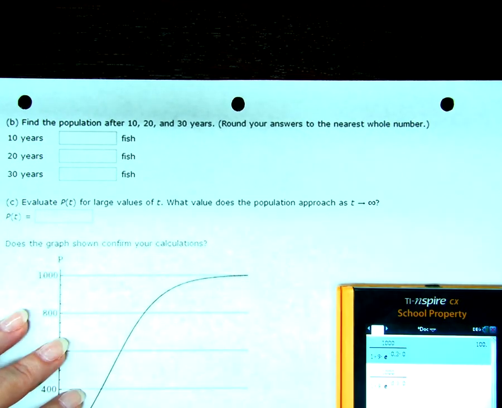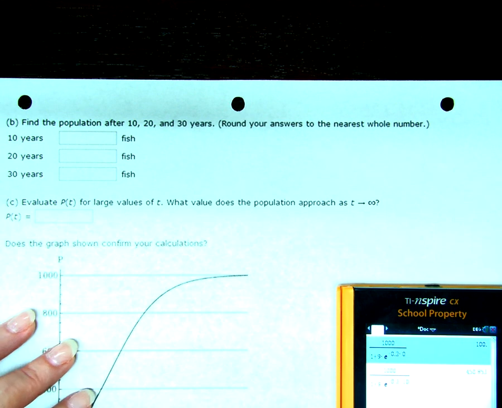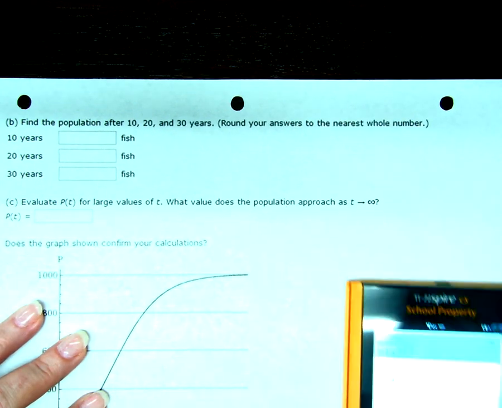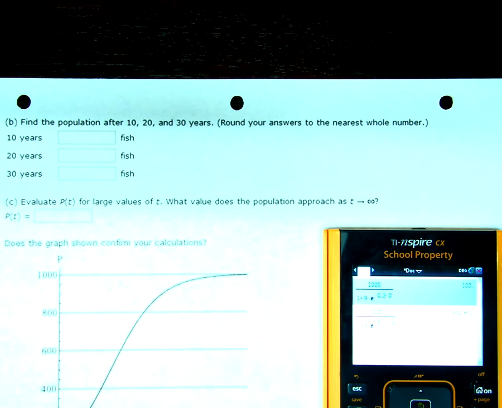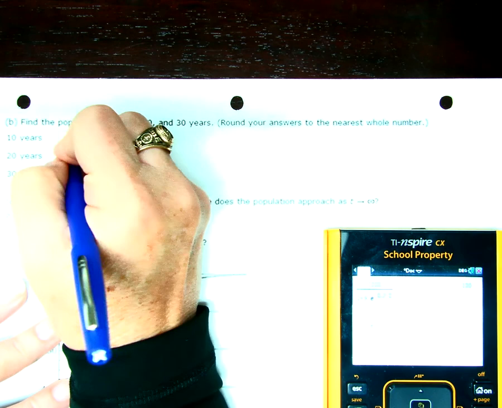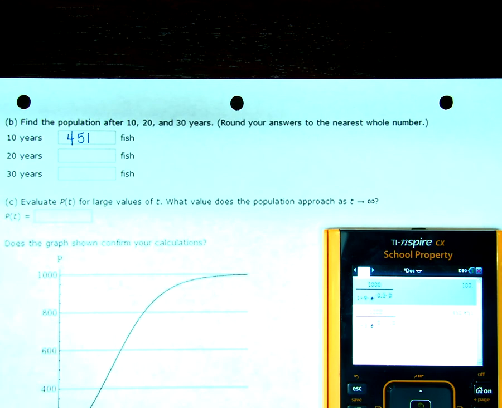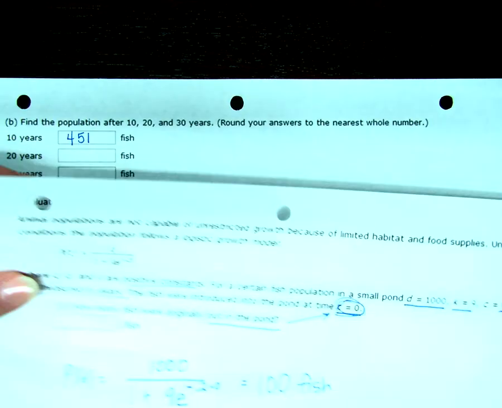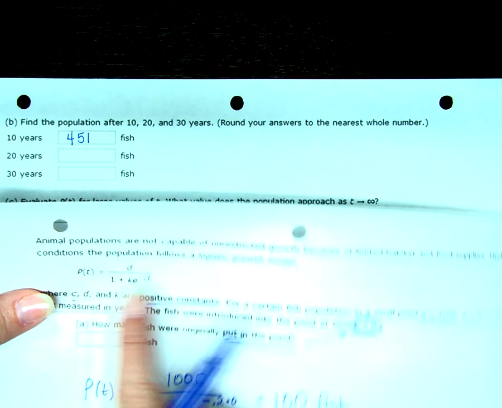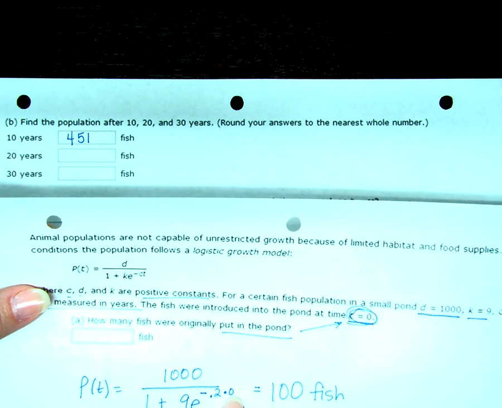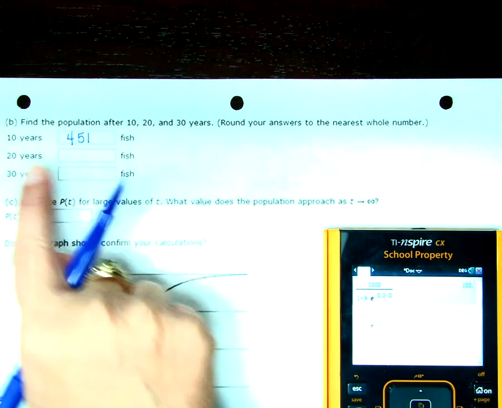So right here, I'm putting in a 10. When I put in 10, I get 451 fish. Like I said, we're using the same general formula from before, and this time instead of 0 for t, we put in a 10 for t.